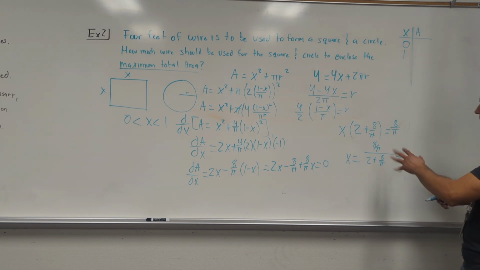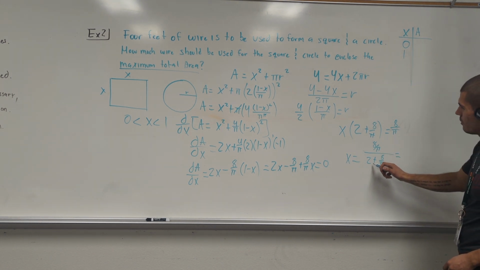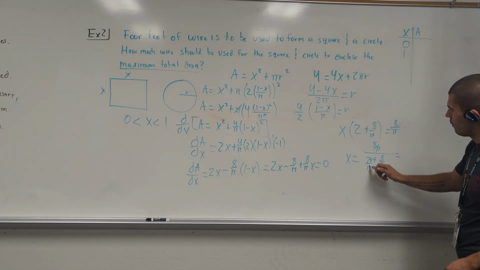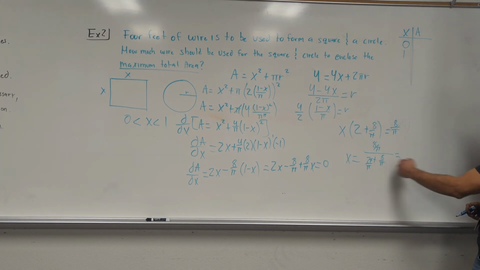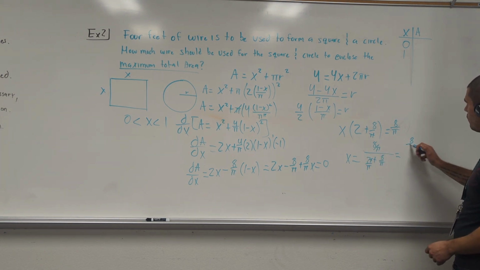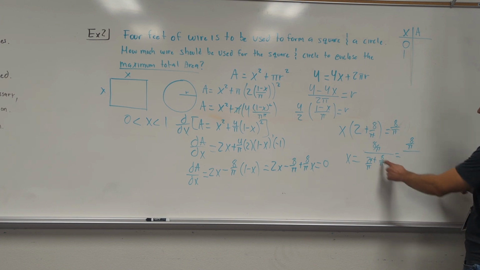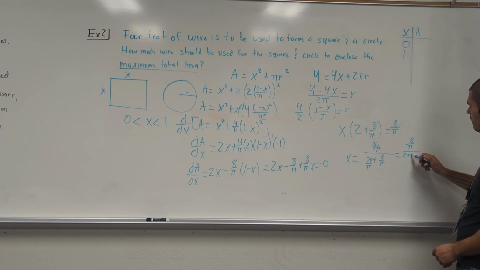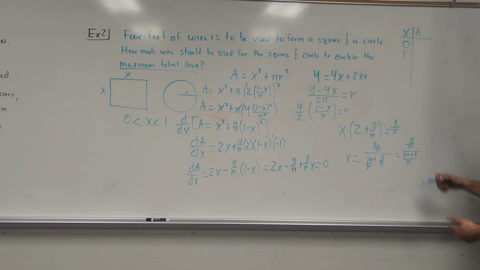All right, if I do this by hand, I need a common denominator, so I can put this pi over pi, so I'll have 2 pi over pi. That allows me to combine these two things, so I'll have 8 over pi over 2 pi plus 8 divided by pi. By keep, change, flip, by dividing these two fractions, I can cancel out the pi's, which leaves me with 8 over 2 pi plus 8.